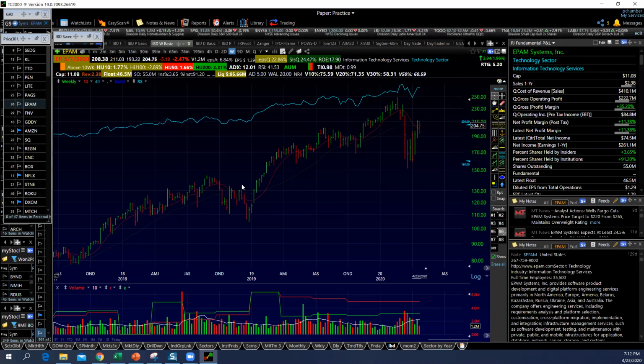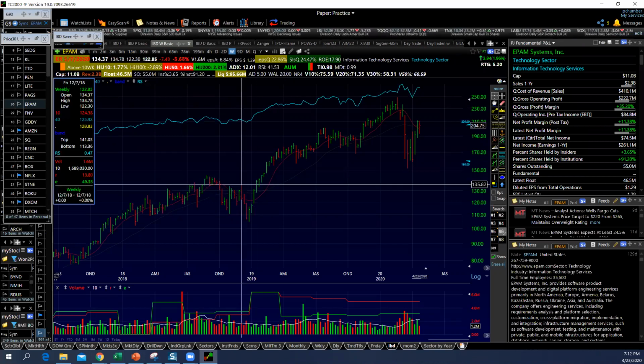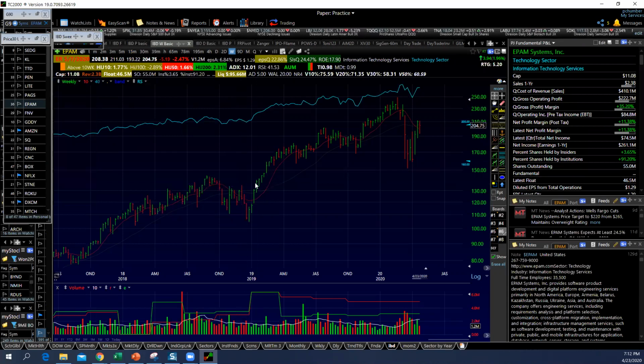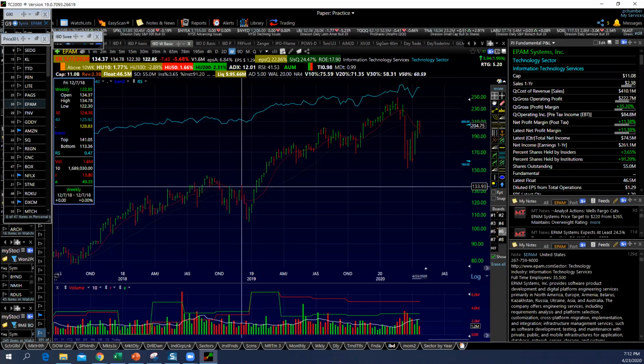When this broke out from there, here's the pivot. The volume is higher than the prior week. That's the high in the W. Your breakout is going to be 10 cents above this point. The high is 134.78.